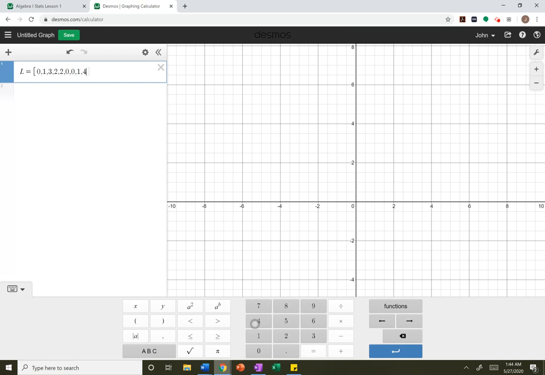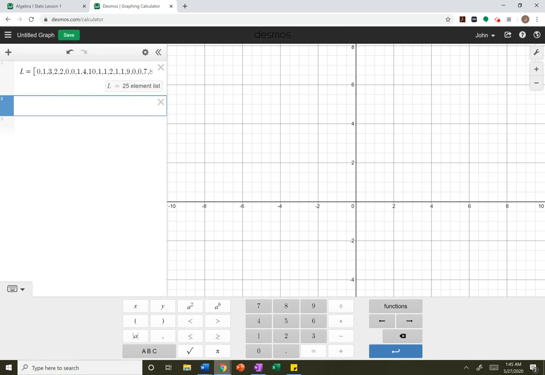I know this is frustrating and this takes time, but that's how it works. 1, 10, comma, 1, comma, 1, comma, 2, comma, 1, comma, 1, comma, 9, 2 zeros, 2 zeros, a 7, oop, I forgot the comma, comma 7, comma 8, comma 4, comma 5, comma 3, comma 2, comma 3. All right, so I have my list of data here. L equals the list of all those numbers.